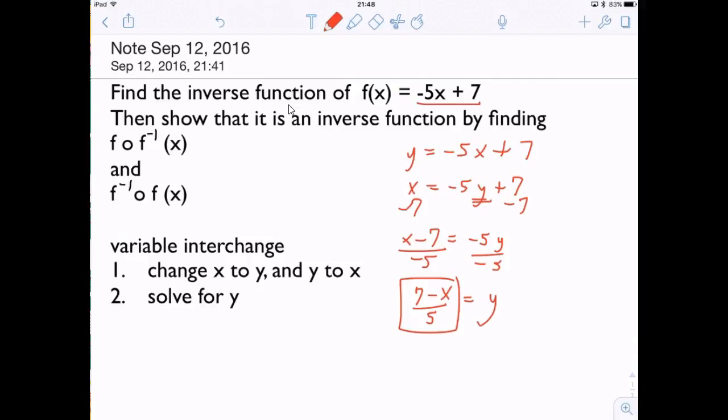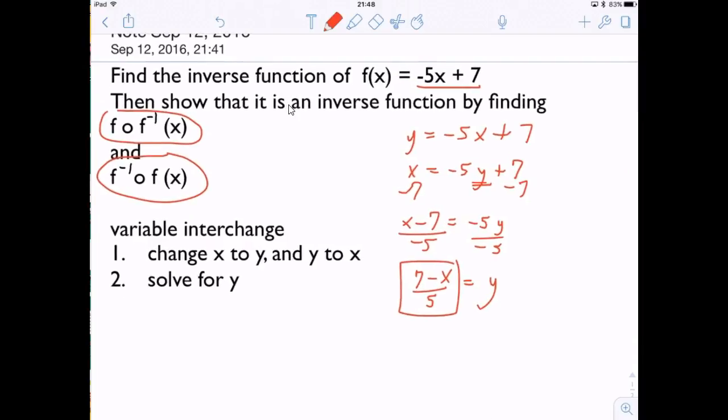Now it says to prove that it's the inverse function by doing f of the inverse function of x, and the inverse function of f of x. Okay, so for this top one, we're going to take the inverse function, which is this one, right?